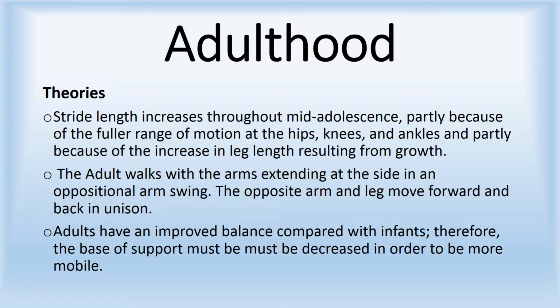The adult walks with the arms extending at the side in an oppositional arm swing. The opposite arm and leg move forward and back in unison. Adults have an improved balance compared to infants and toddlers. Therefore, their base of support must be decreased in order to be more mobile.